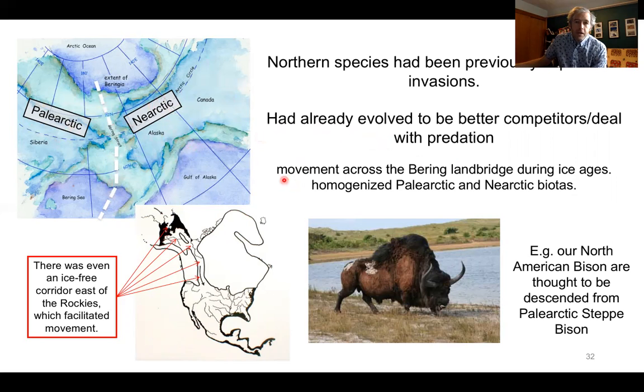So, for example, movement across the Bering Land Bridge during ice ages homogenized Palearctic and Nearctic biotas. One of the biggest examples of this is bison. Our North American bison, which you can see on Antelope Island or over in Yellowstone, are thought to be descended from the Palearctic steppe bison, which looks like an absolute nightmare.